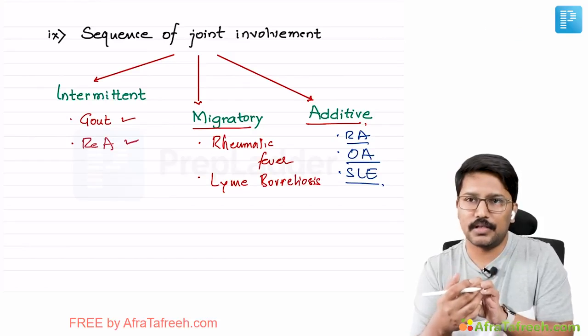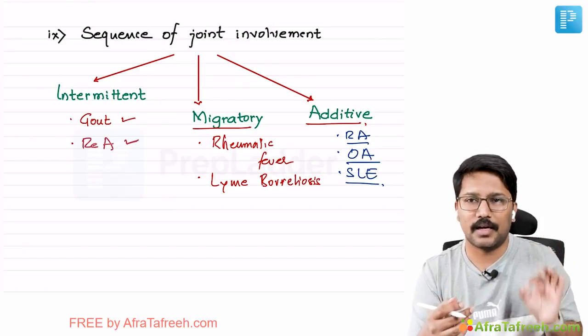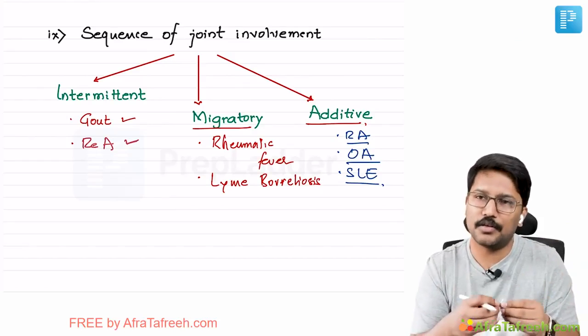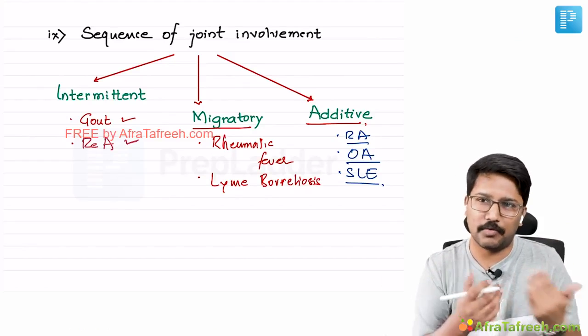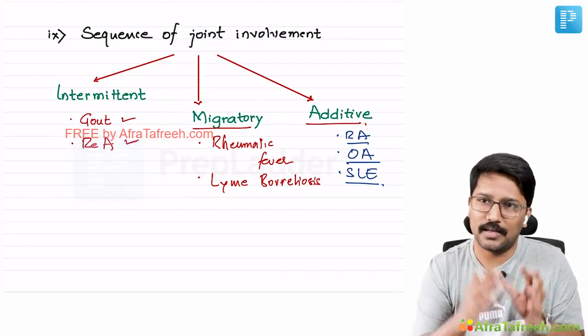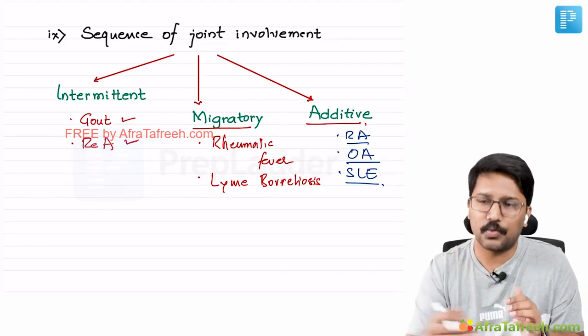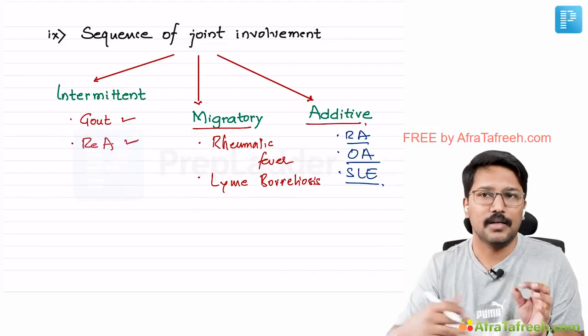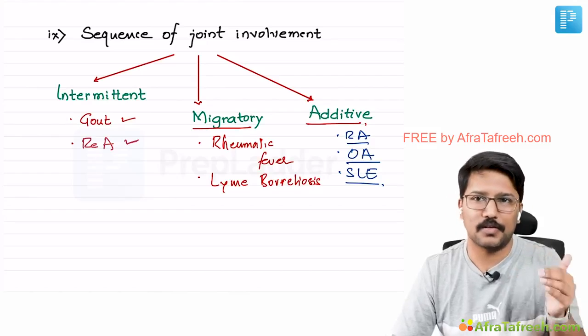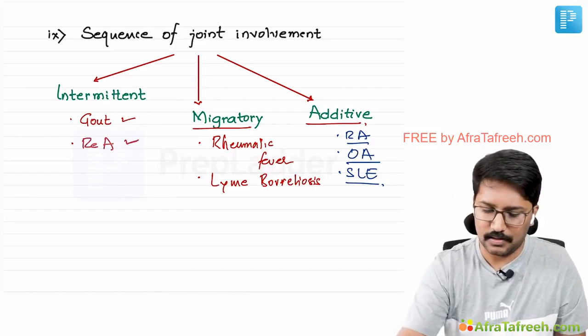Then when the second joint is involved, the first joint is still active and it is progressing. When I say active, that means the degenerative process in case of osteoarthritis or inflammatory process in case of rheumatoid arthritis is active. So the joint is still affected, it is not recovered, it is progressing, then the next joint gets affected. When the third joint gets affected, the first and second joints are still progressing. That is what we call additive, right?